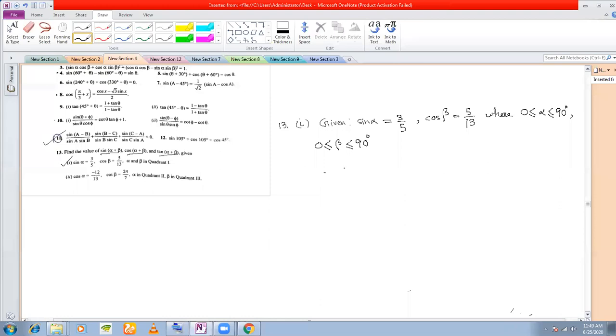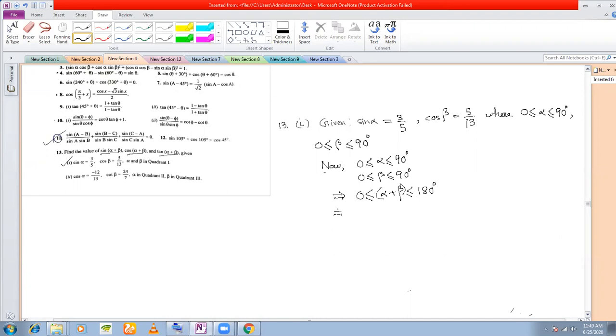So if alpha lies between 0 and 90 degree and beta lies between 0 and 90 degree, that would mean that if you add the two, then alpha plus beta must lie between 0 and 180 degree.